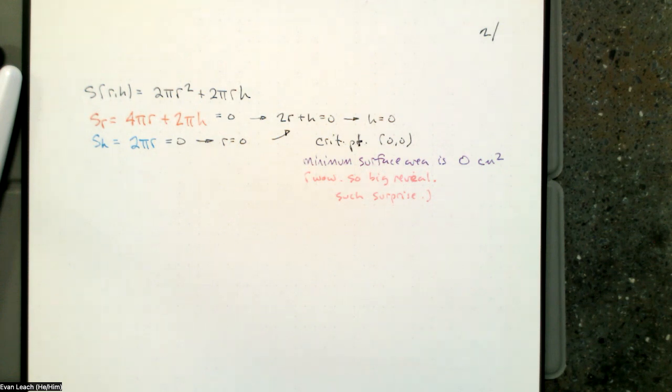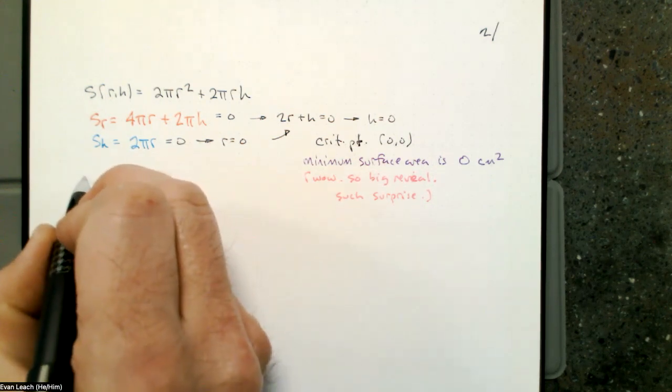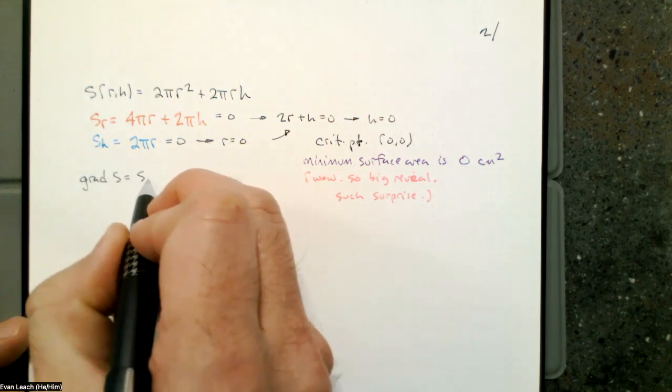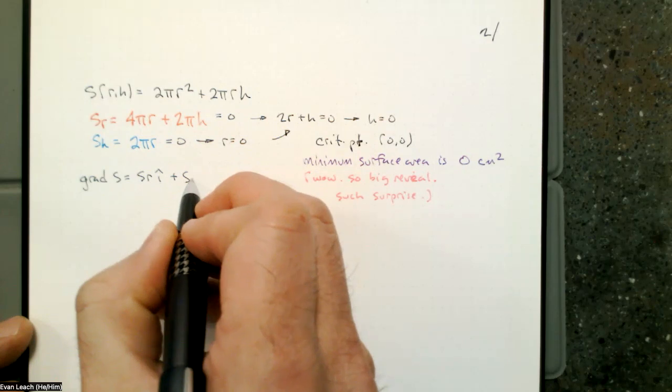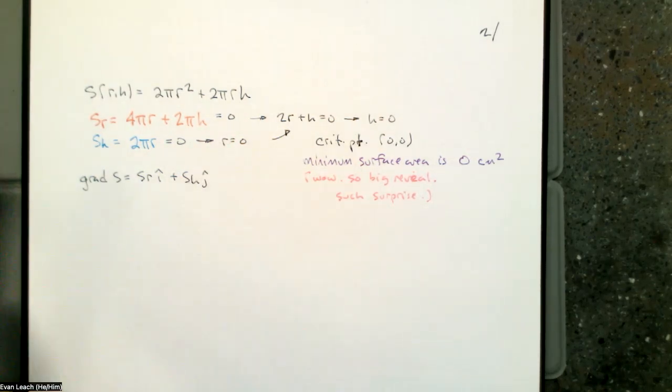Let's bring in some other things that we know when we're dealing with these first partial derivatives. What we're looking at here, we're taking the two first partial derivatives and setting them equal to 0. The other thing that we do with first partial derivatives is we find the gradient of a function. So the gradient of S will be S_R in the I direction and S_H in the J direction, with my arbitrary assignment of R going first.